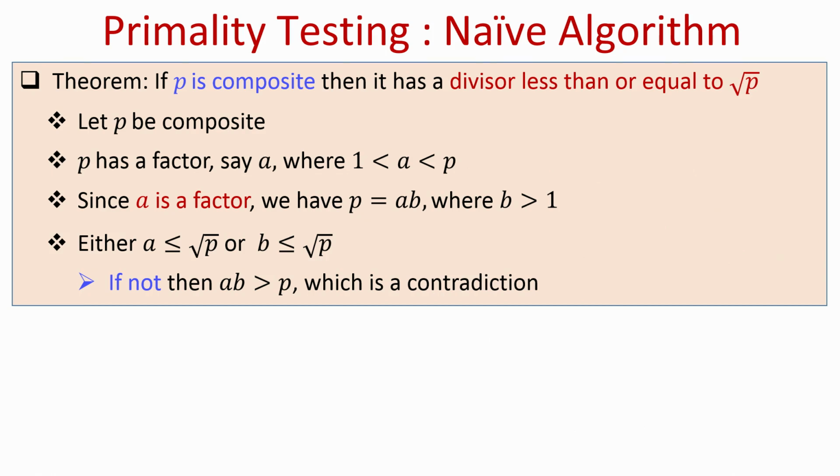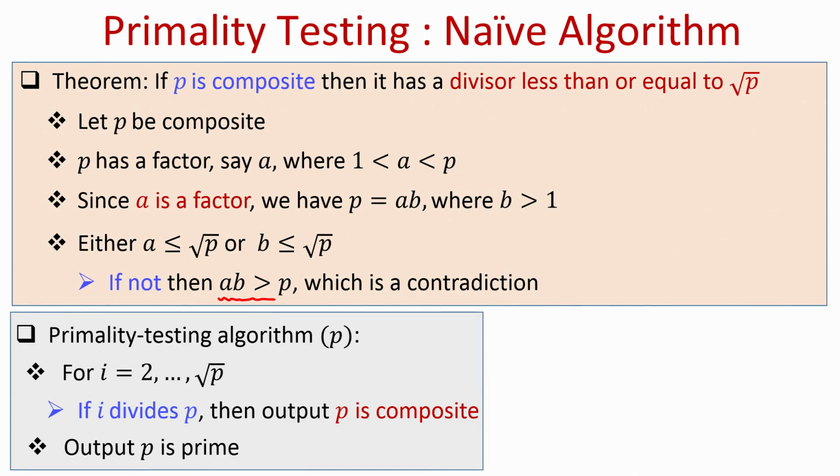Suppose all the divisors of a composite number p are greater than root p, say you have two such factors a and b, and neither a nor b is less than or equal to root p, and both are factors of p. Then the product a b will be greater than p, which is a contradiction. So, if you have a composite number p, it is bound to have at least one of the factors in the range 2 to root p.